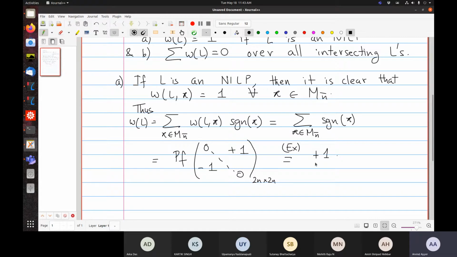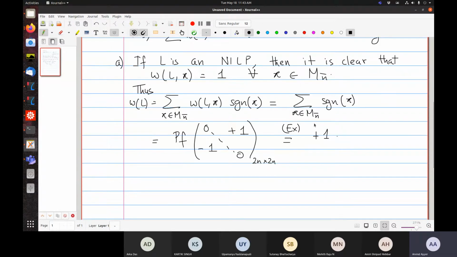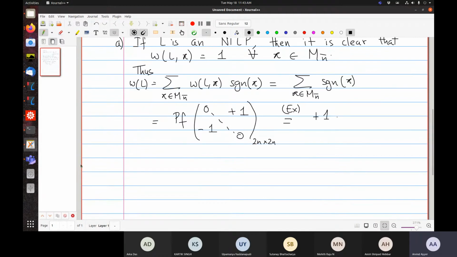Okay, so yeah, I've left it as an exercise. I don't remember if that was to be submitted or not, but there it is. So this guarantees the first part. So the weight of any non-intersecting lattice path family is plus 1. Okay, so that takes care of the first part.